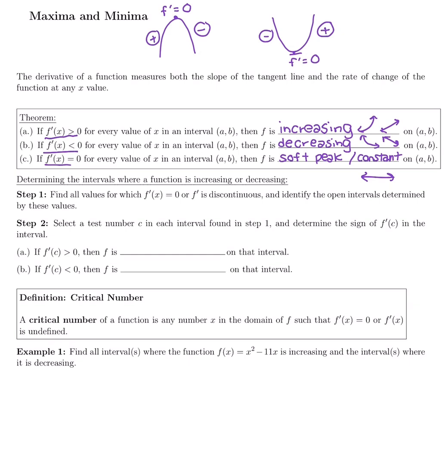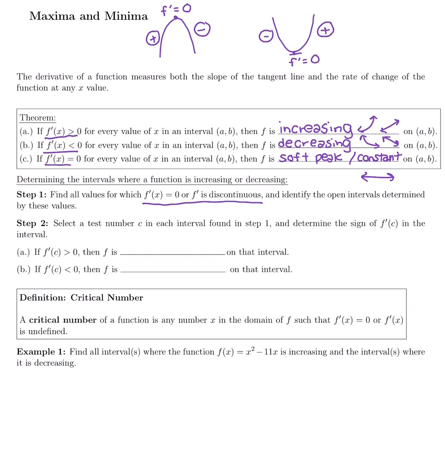So to do this without a picture, to determine where the function is increasing or decreasing, we would have two steps. The first step is to take the derivative and set it equal to 0, or figure out what makes it discontinuous, what makes you divide by 0 in the denominator of the derivative.